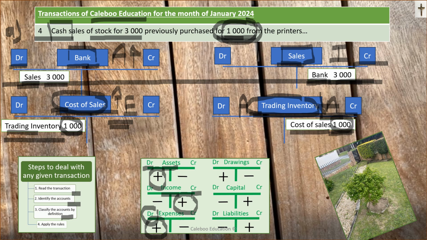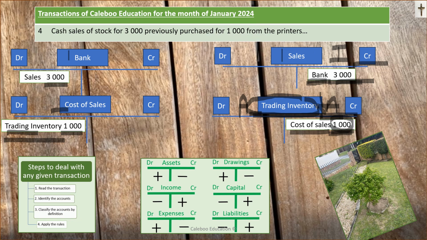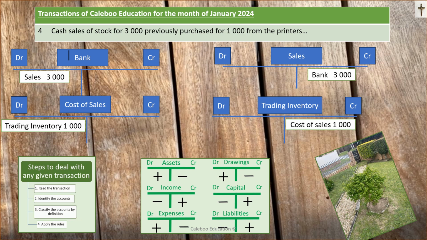So let me rub this all out and I will just explain this again. This is a more challenging transaction. All the others only had 2 accounts involved. This transaction, when a sale is made, there are 4 accounts involved and there are 2 parts to the sale.